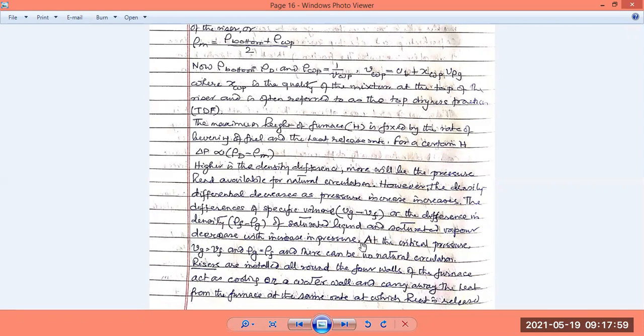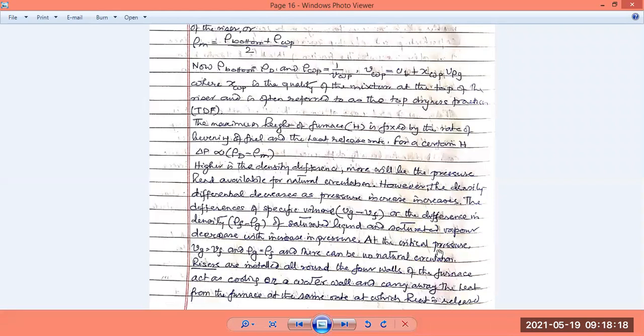So the difference reduces up to a certain level, and it is not helping you much in creating better circulation.